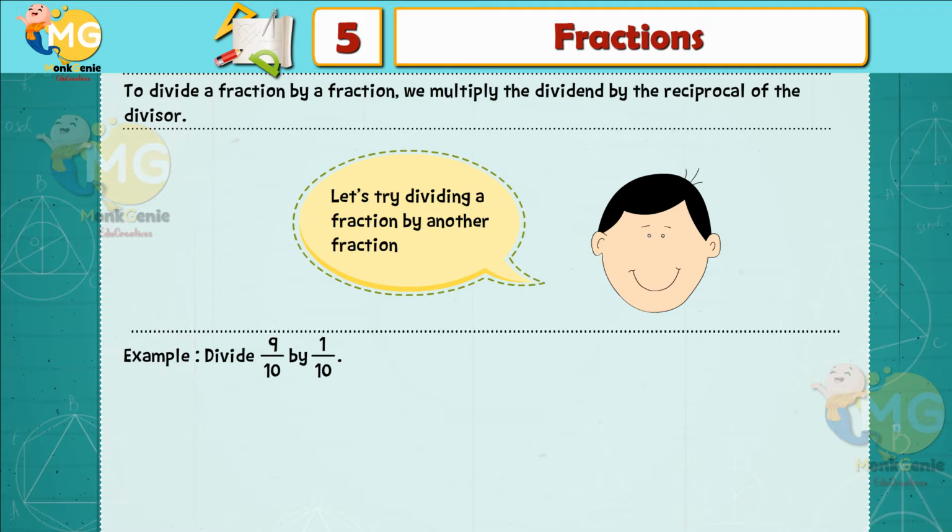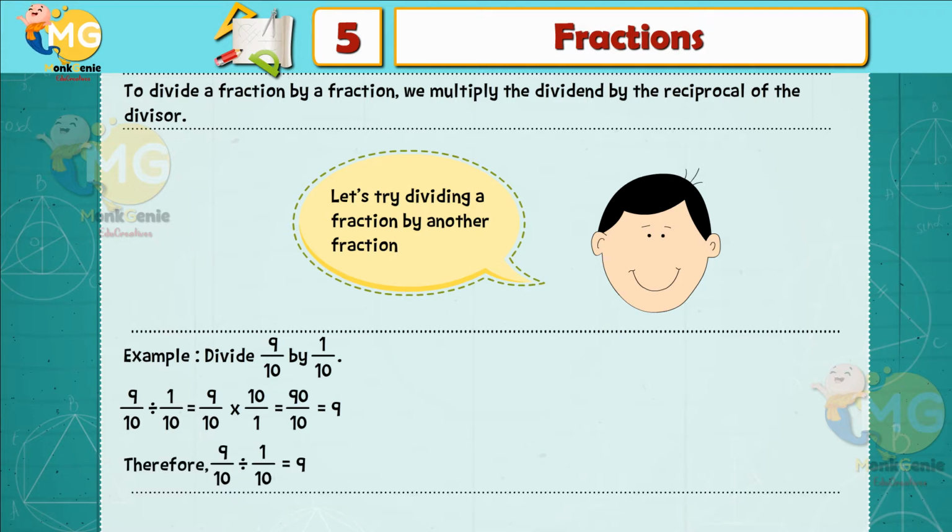Divide 9/10 by 1/10. 9/10 divided by 1/10 is equal to 9/10 × 10/1, which is equal to 90/10, which is equal to 9. Therefore, 9/10 divided by 1/10 is equal to 9.